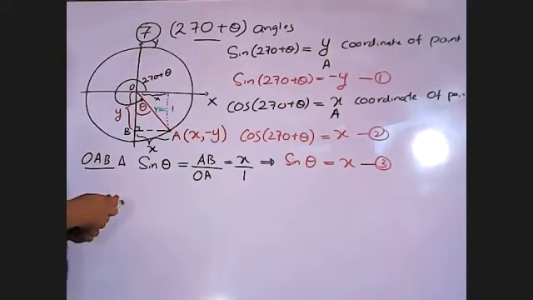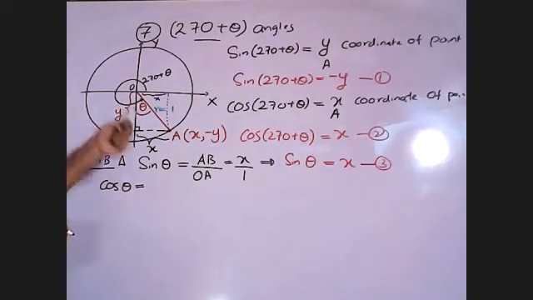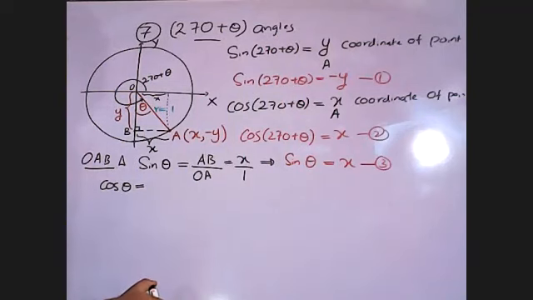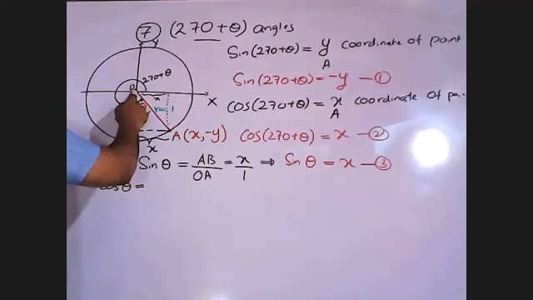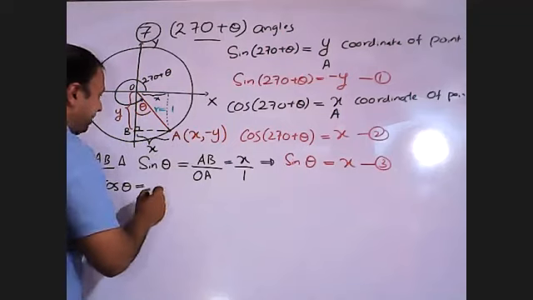Then, using the OAB triangle, write an expression for cos theta. Y over 1. That means y. Very good. Cos theta is equal to the adjacent side over the hypotenuse.